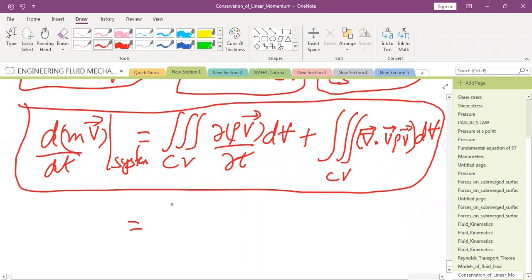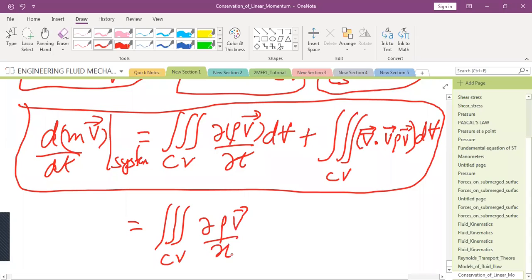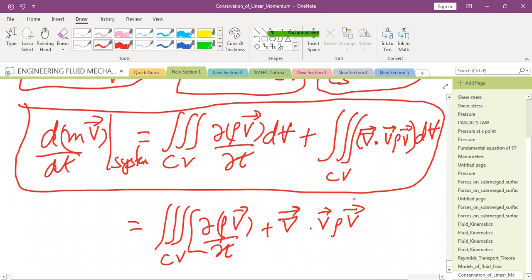So this becomes equal to the triple integral over the control volume of ∂(ρV)/∂t plus del dot (ρV V), everything inside, and I have dV here.